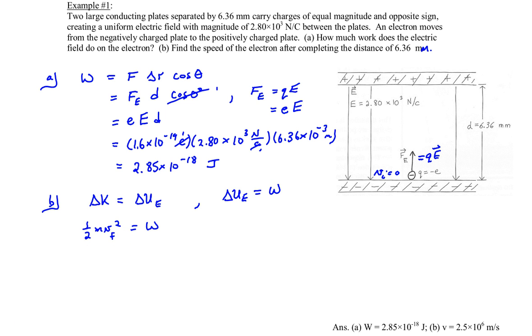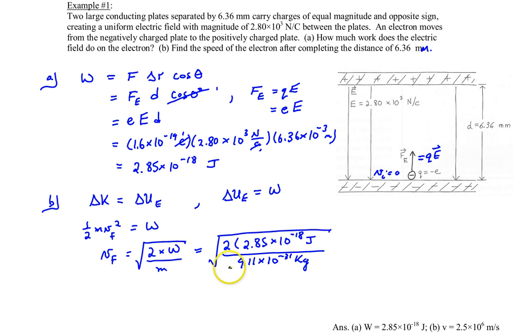So rearranging for the velocity we have the following expression, and then now we're going to substitute in, and you'll notice that I've got the mass of an electron here, which is 9.11 times 10 to the power of negative 31 kilograms. And then when you plug that all into your calculator, you'll get 2.50 times 10 to the power of 6 meters per second.